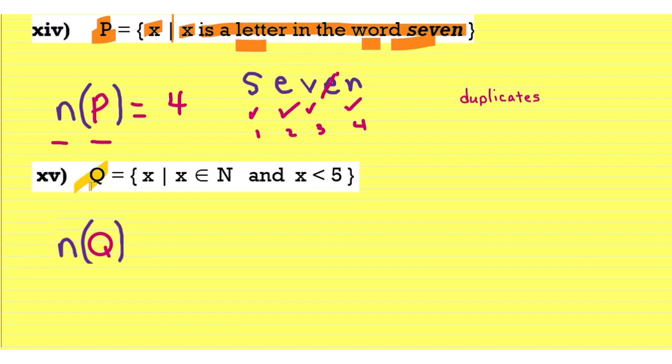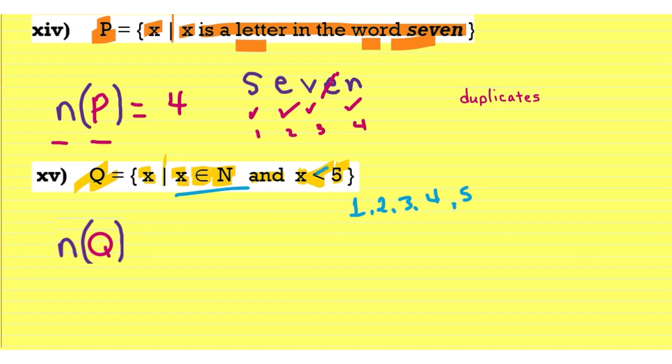Now we have set Q. Set Q is equal to X such that X is an element of the natural numbers. So it means it's going to start with the number 1. It will not include any negative numbers or 0. And it says the numbers are less than 5. So again, because we're starting with natural numbers, we're starting with 1, and then we would also include 2, 3, 4, and maybe 5.